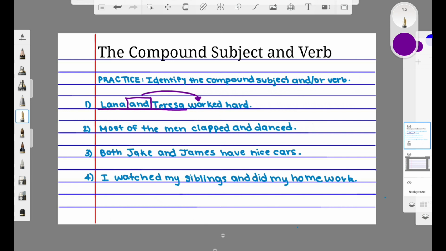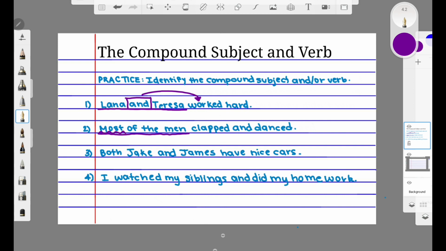Next, most of the men clapped and cheered. Is there a compound subject? One thing to note about subjects is that when we're given a preposition like this, a lot of the time we want to assume that the subject is just men, even though a subject can never be in a prepositional phrase. So the subject is actually most.